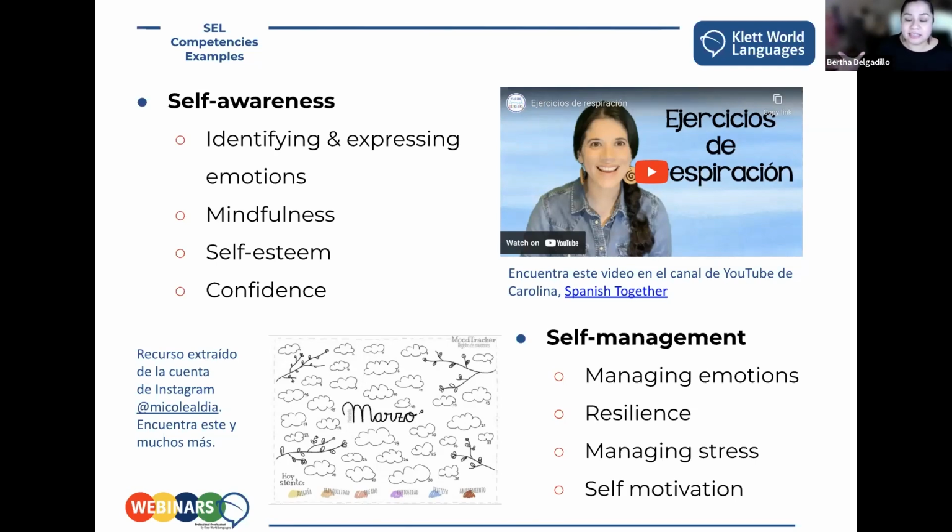We're talking about gaining confidence or having that confidence. These are some example activities or things when we see self-awareness: identifying and expressing emotions, mindfulness activities, self-esteem and confidence. When we are referring to self-management, we are referring to managing emotions, resilience, managing stress, and self-motivation.